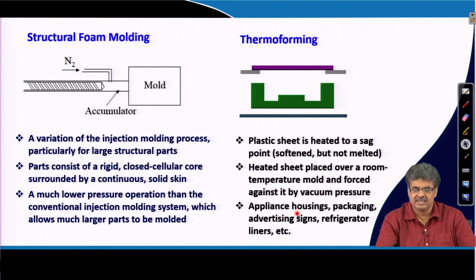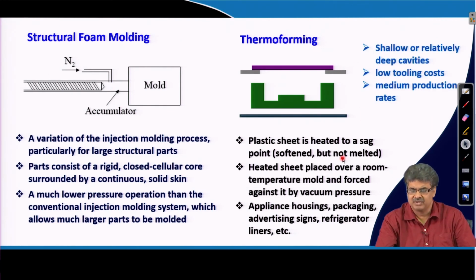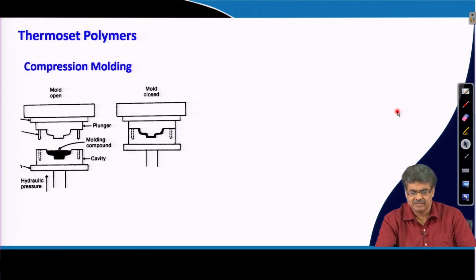Appliance housings, packaging, advertising signs, and refrigerator liners are produced using this thermoforming process. Shallow or relatively deep cavities can be formed, with low tooling cost and medium production rate.